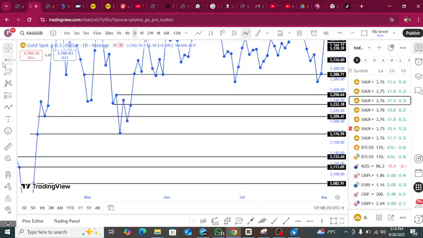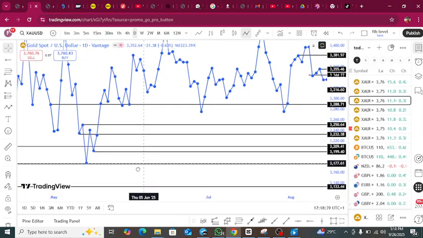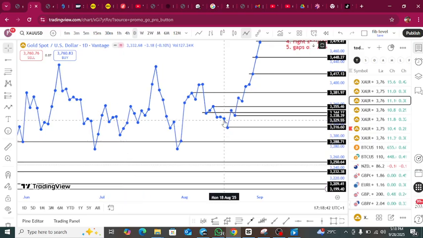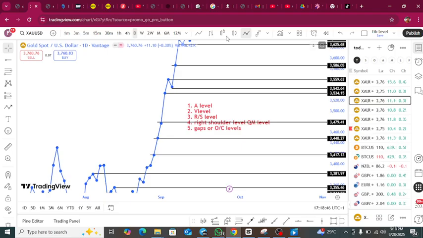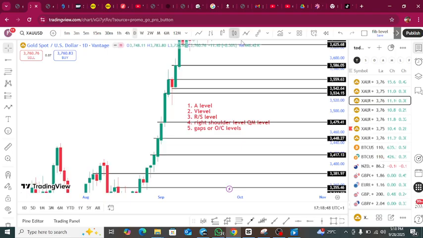It's the current trend. That's what you should be marking. So these are the levels. Now I'll change it back to candlestick.